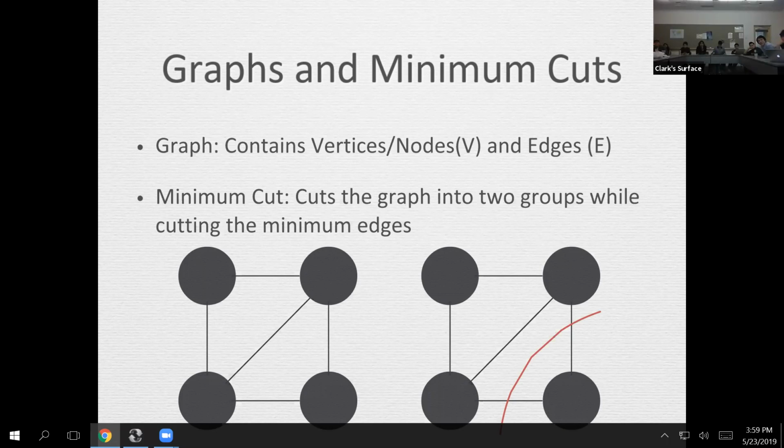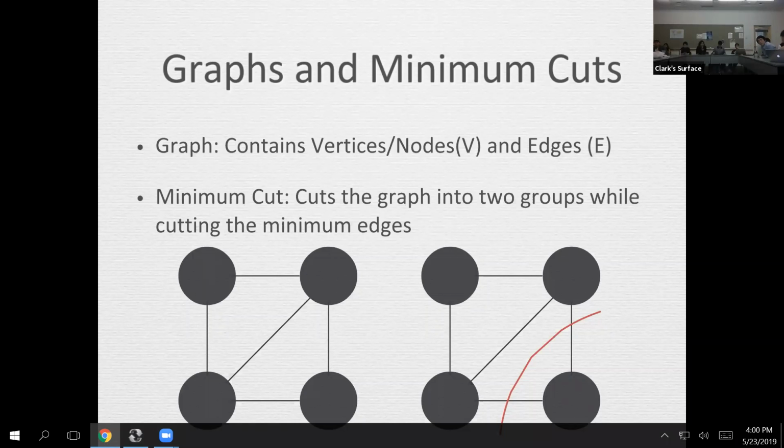So graphs. A graph is a kind of data set which includes a set of vertices and a set of edges.